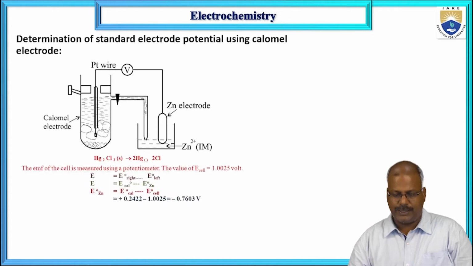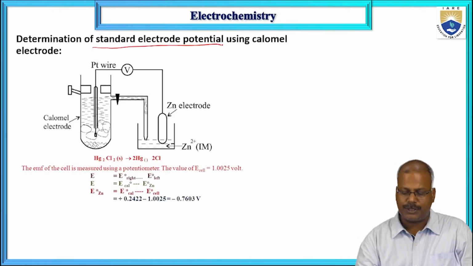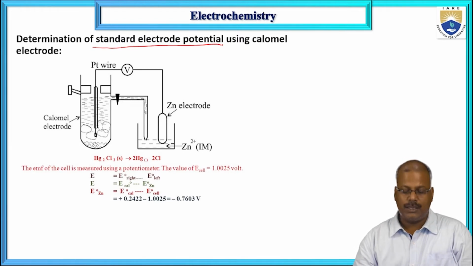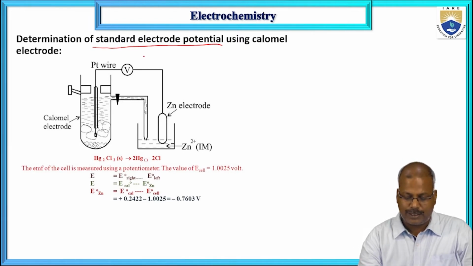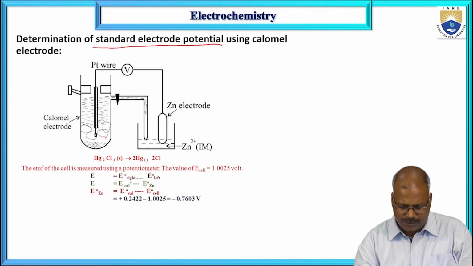Next, when you want to determine the standard electrode potential using the calomel electrode, we have to connect the calomel electrode via a voltmeter with the other electrode, which is connected through a salt bridge between the two sides.